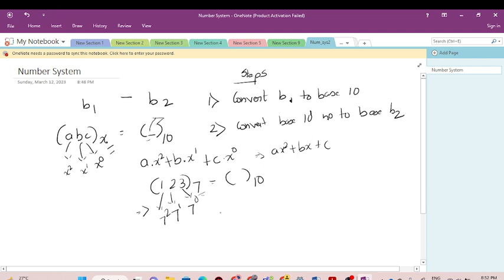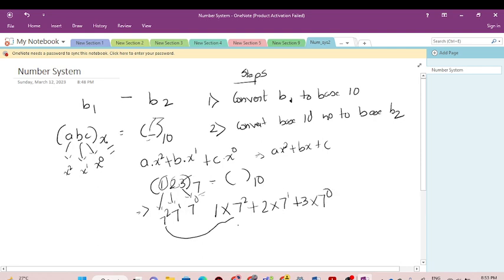So now let's do it. What is the first number? First number is 1, so 1 into 7 raised to 2, plus the second number, 2, so 2 into 7 raised to 1, plus the third number, 3, so 3 into 7 raised to 0.